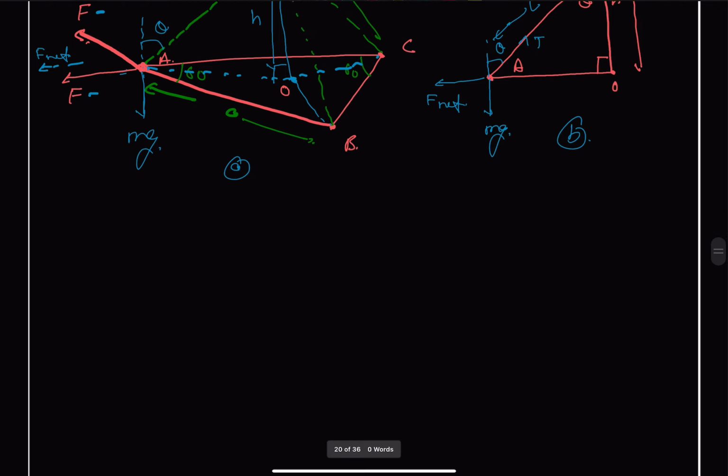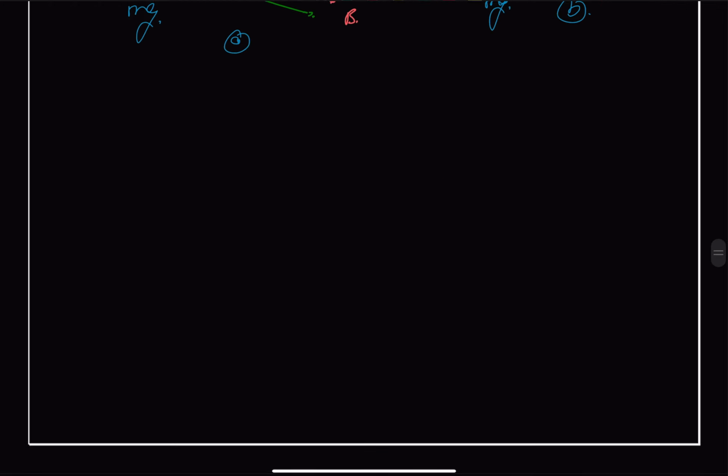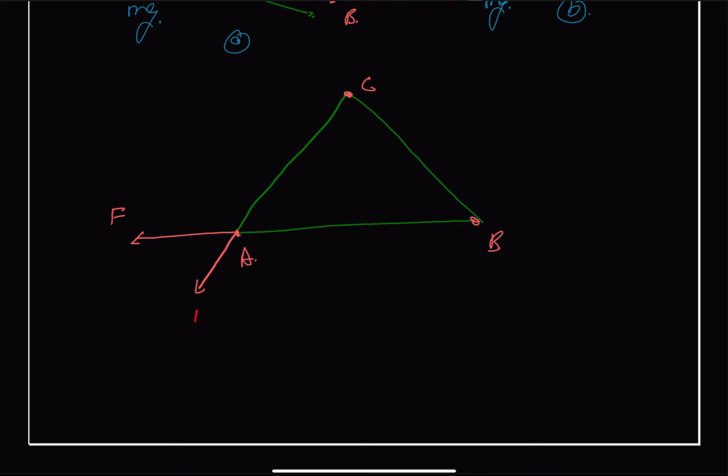So we need to draw another figure which is an equilateral triangle consisting of only the charges, because the force is only because of the charges. This is our C point, this is our B, and this is our A. And from B to A, this is force F, and we have this as our force F because of C.